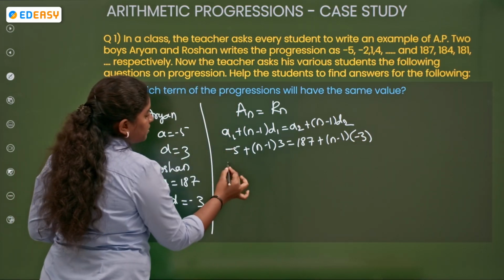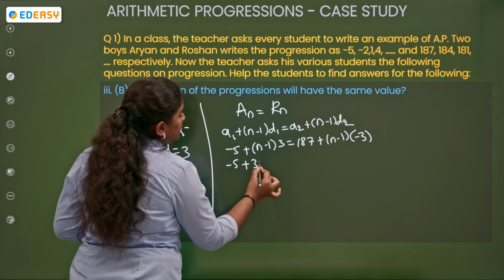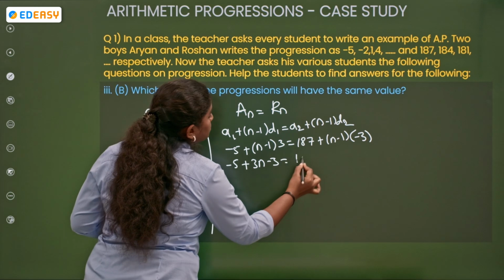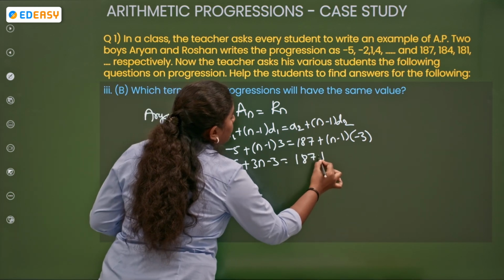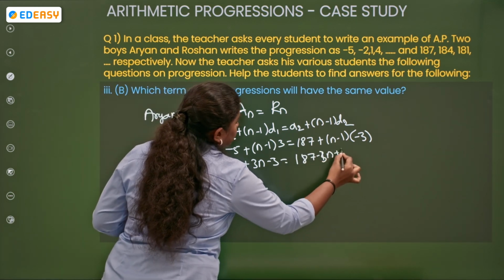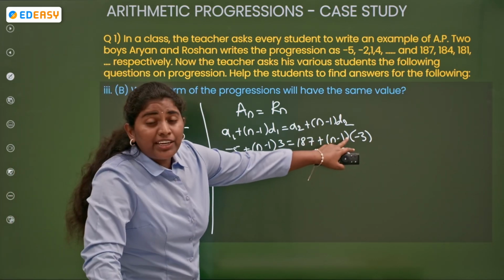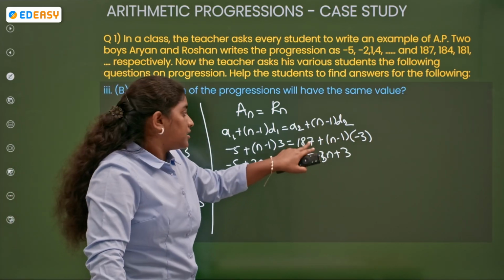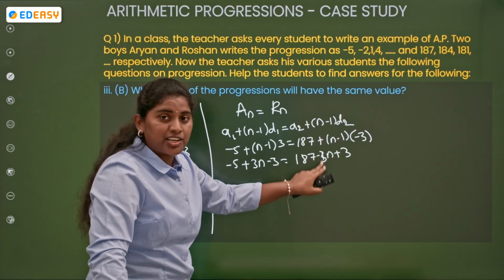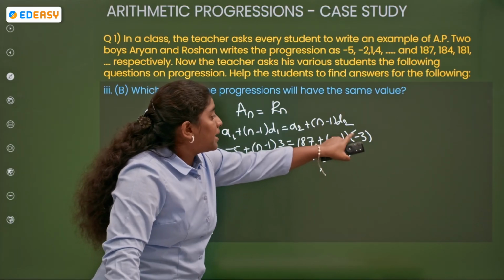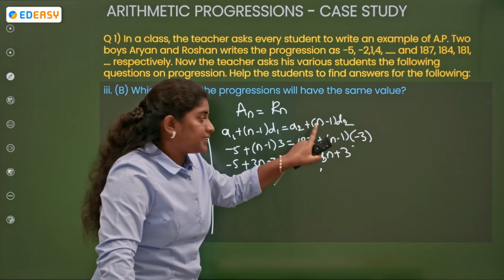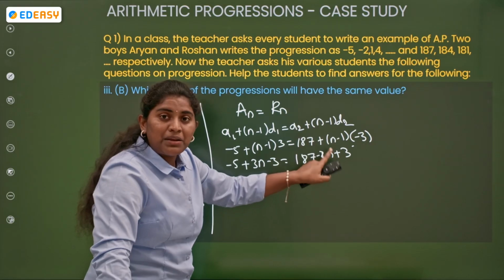Okay. Now simplify this. Minus 5 plus 3n minus 3 equals 187 minus 3n plus 3. Okay. So just simplify this. N into minus 3 is minus 3n. And next minus 1 into minus 3 is plus 3.